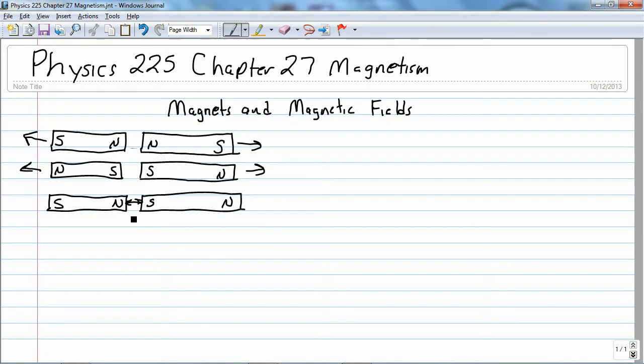Now there's this influence, much like we had with an electric field. A magnetic field has this field or influence around it. So if we look at a bar magnet, a south end, north end, there's this magnetic field that exists outside the magnet, but it also exists inside the magnet.